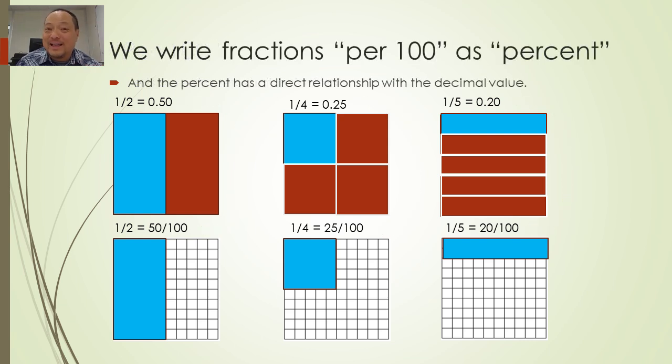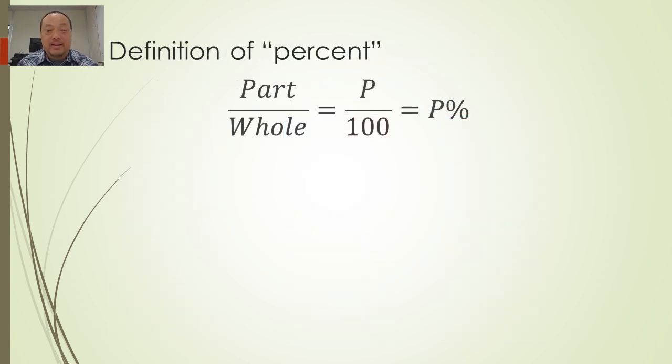That's why we use percent. We write the fractions per 100 or over 100 as percent. And the reason why we do it is because it has a direct relationship with the decimal value, and it makes calculations easy. That brings us to the definition of percent. The fraction of part over whole, if we write it in the form of some p over 100, we call it p percent.